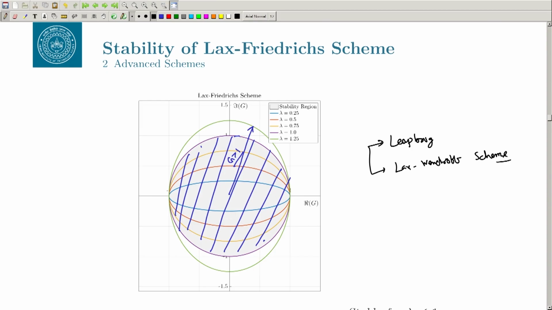I think I have already given you a flavor of these schemes earlier, but I am now going into detailed discussions about the stability of these schemes and how they behave. I will show you the solutions using these schemes for many different kinds of problems in the coming classes. Thank you very much. We will meet in the next class.